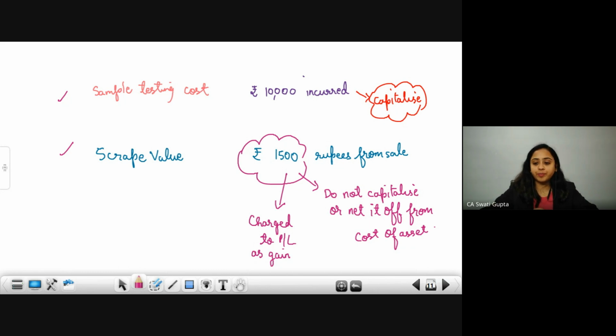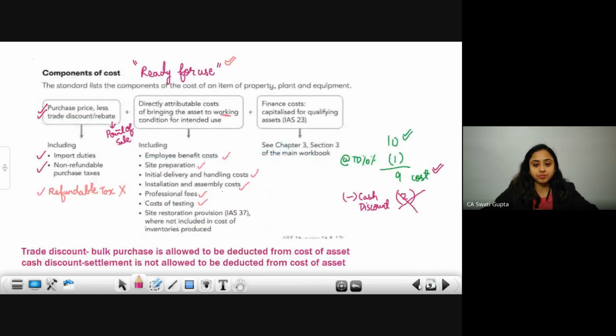So next topic. We were discussing the costs that can be capitalized. So trade discount, can it be capitalized? Yes or no? Will this be deducted or not? Yes.